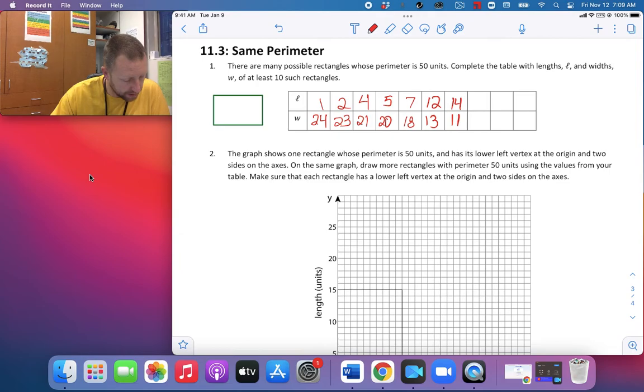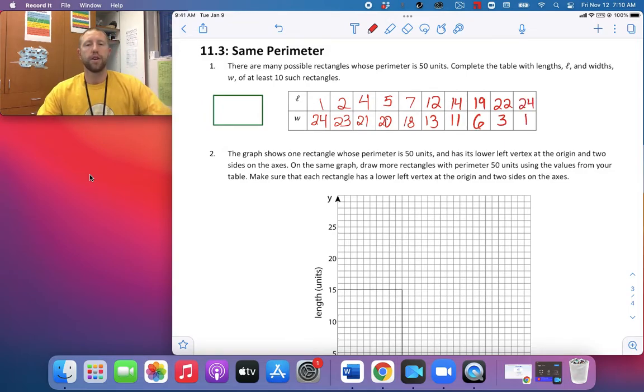I got 3 spots left. Let's do 19 and 6. There's a lot of different ones, so I'm just picking some. Let's do 22 and 3, and last but not least, let's end with 24 and 1. All right. So if I had a rectangle with these dimensions, it would have a perimeter of 50.